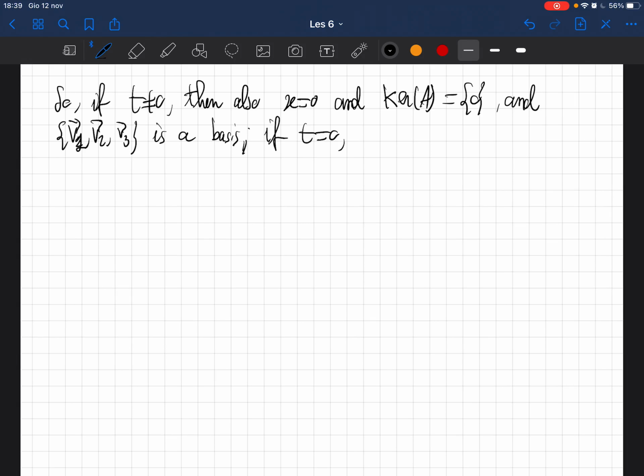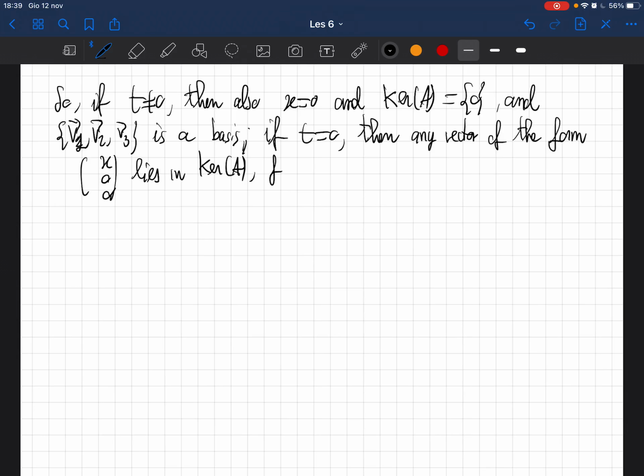If t is equal to 0, then any vector of the form (x, 0, 0) lies in the kernel for any number x.